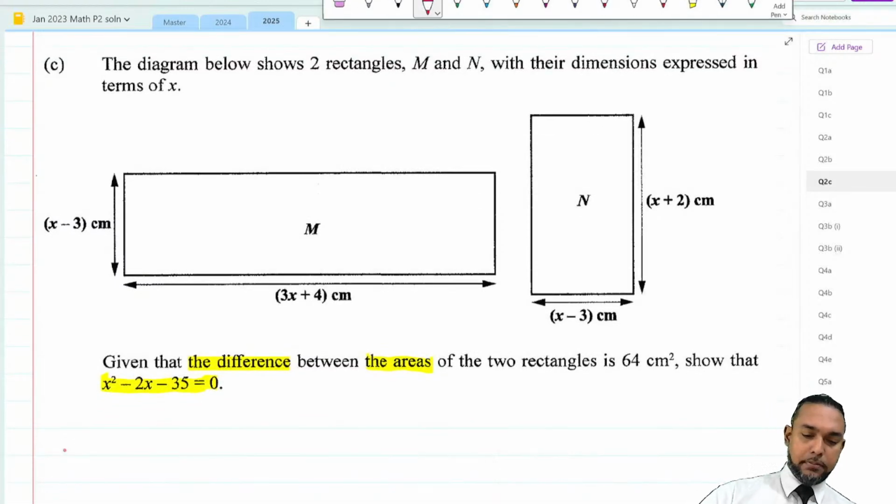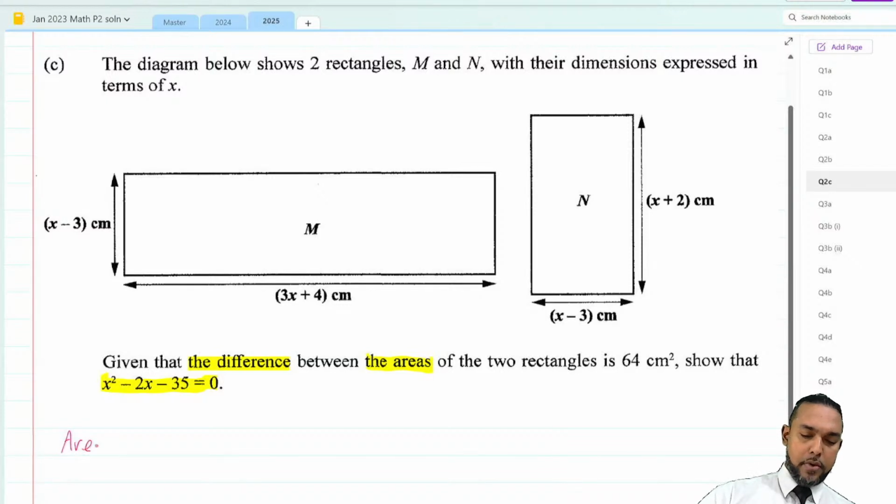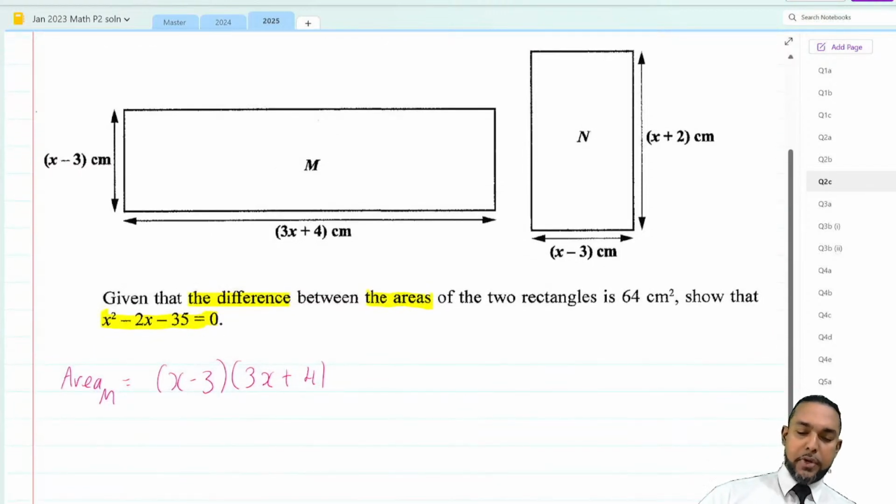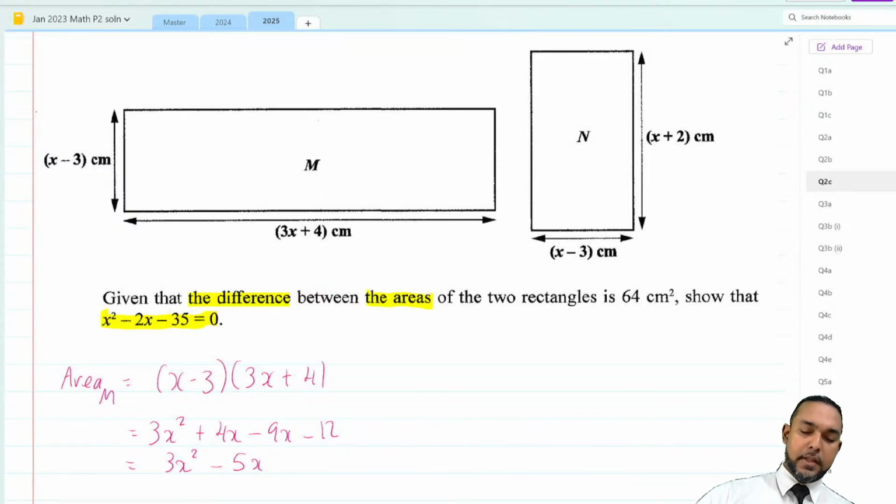All right. So for M, that was X minus 3 by 3X plus 4. So X by 3X will give me, yeah? X by 4. About which other question? What's the question?